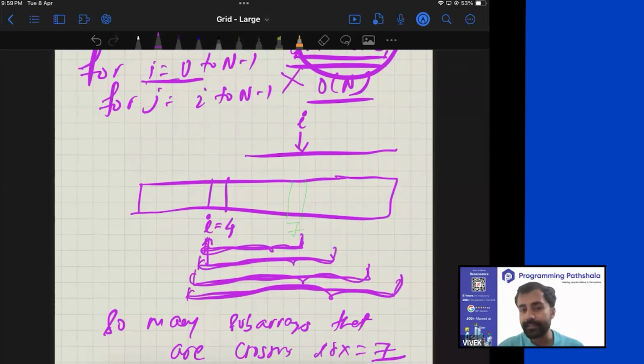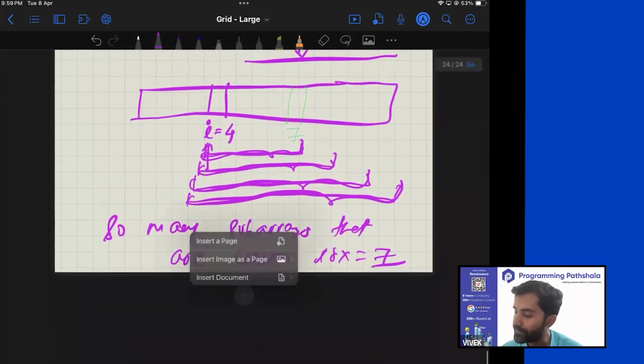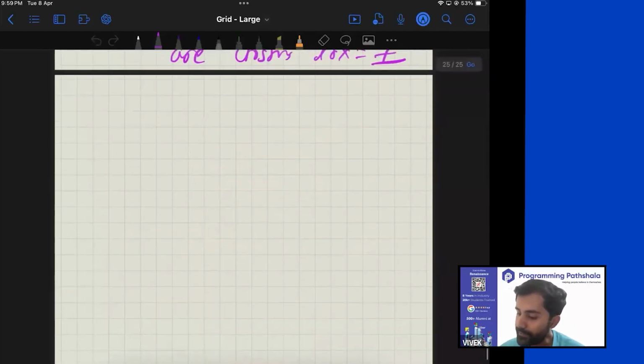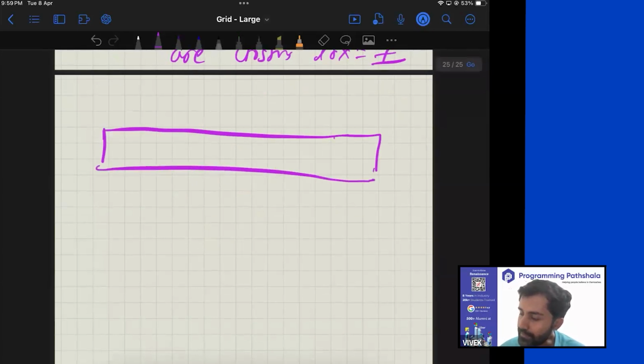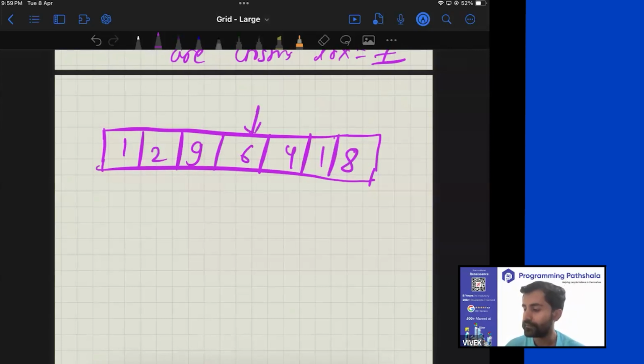The divide and conquer approach says the reverse of it. It says, think of it in this manner: if I have an array, and let's say the middle point of this array is 6, then whatever is my answer, my maximum subarray, 6 would definitely be a part of it, either passing through 6, and because it's a subarray, it would continuously go in this direction and some part of it might go in that direction.